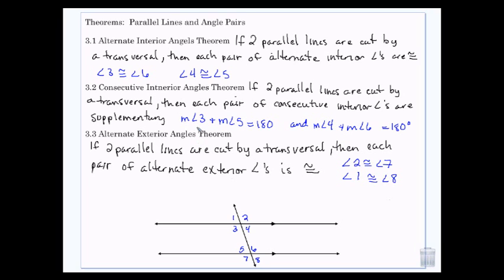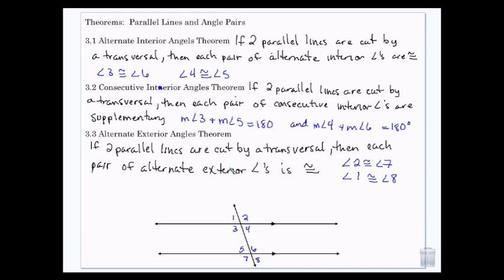Okay, and then we have consecutive interior. Interior doesn't have that extra n in there. Consecutive interior angles, that's the 2 on the same side. So 3 and 5 add up to 180. 4 and 6 add up to 180. And then alternate exterior angles are congruent. So 2 and 7 are congruent, and 1 and 8 are congruent.